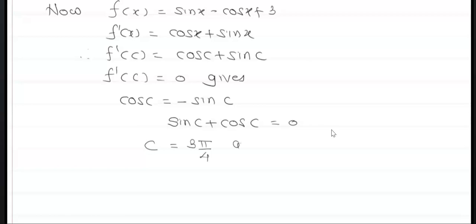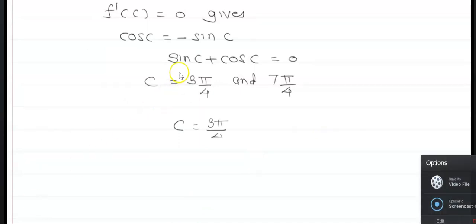Therefore, the value of c is 3 pi by 4 and 7 pi by 4. If we take these values from the trigonometry, the value of c is 3 pi by 4 and 7 pi by 4.